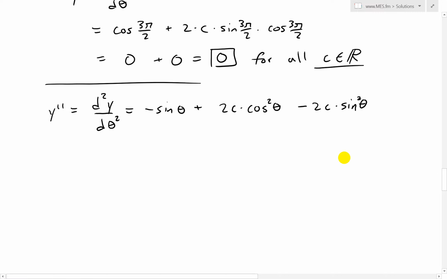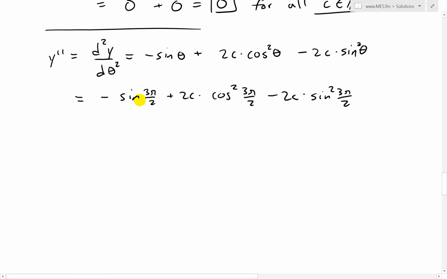And again, instead of simplifying it, as my calculus book does, I'll just plug this in. So negative sine 3 pi over 2 plus 2c times cosine squared 3 pi over 2 minus 2c times sine squared 3 pi over 2, like that. So now that we have this, we can just plug in our values.